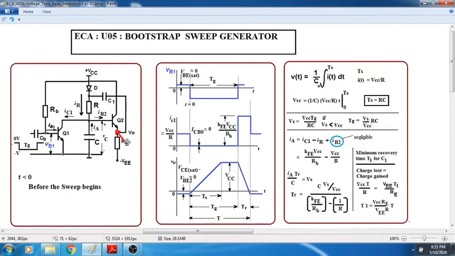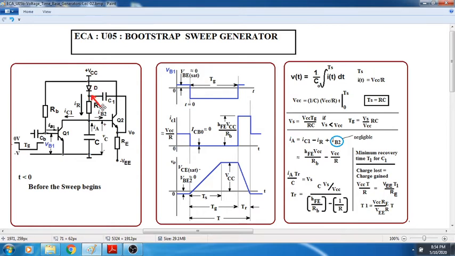So knowing this basic principle of the emitter follower, we connected the emitter follower to the junction of the resistor and capacitor. So we have the emitter voltage following the collector voltage. This emitter we have connected through a capacitor to the junction of diode and resistor.